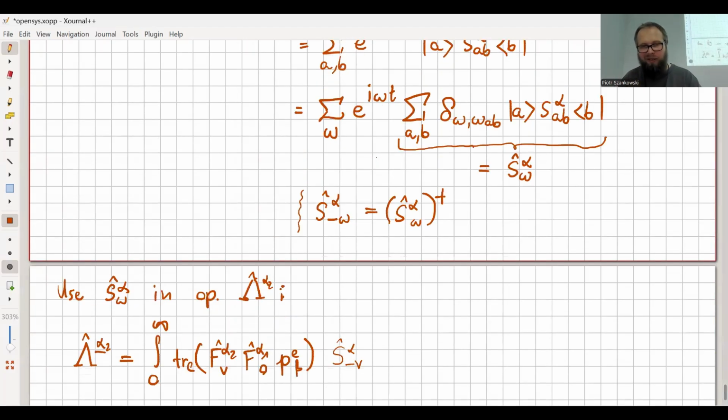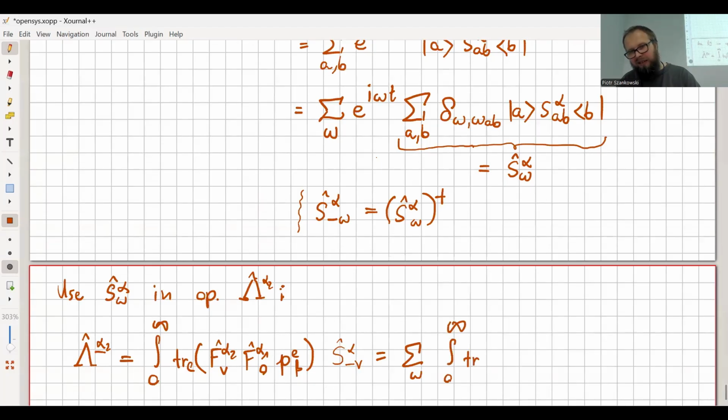So we can transform this into a sum over omega, integral of the trace of F_alpha2, F_alpha1, rho_E, beta, e^{-i omega v} dv.